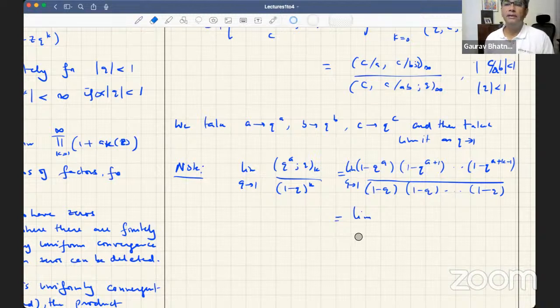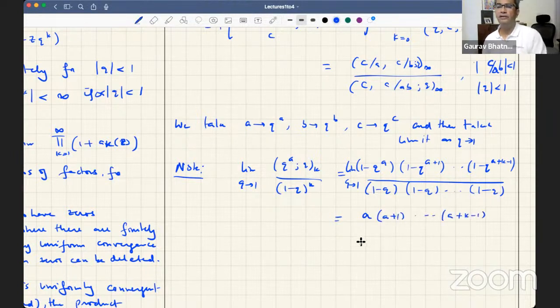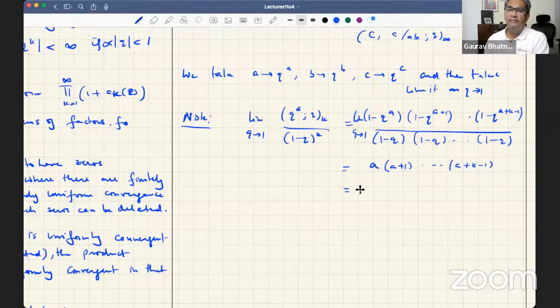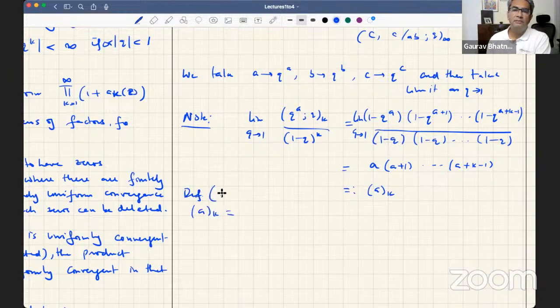When you take the limit, you will get a(a+1) up till (a+k-1), so k factors. Right. So this we denote as a sub k. Let me say a sub k is the Pochhammer symbol, the rising factorial.